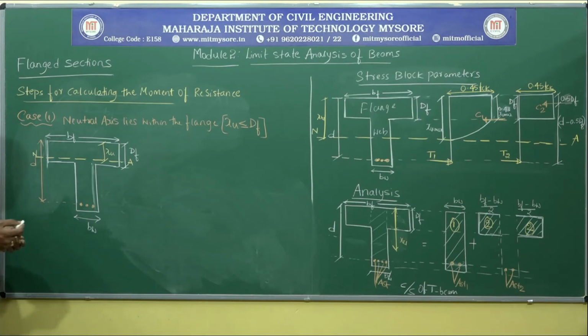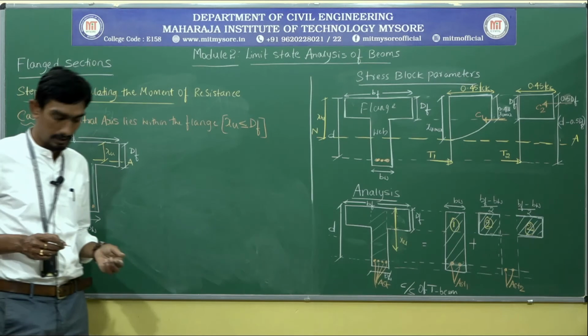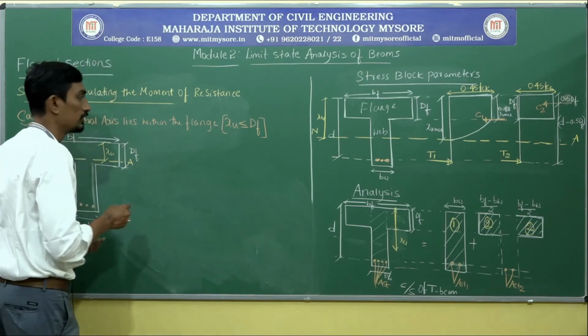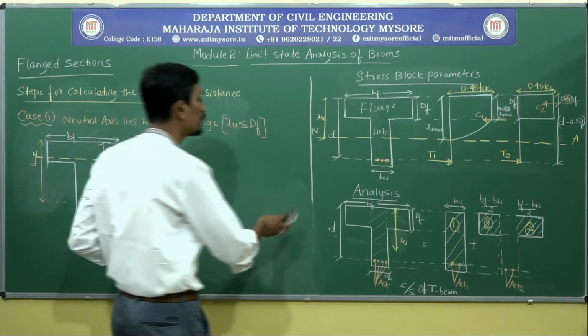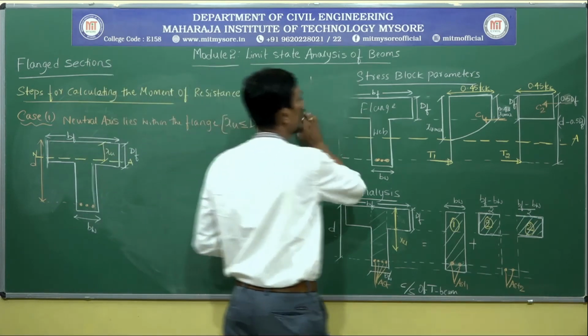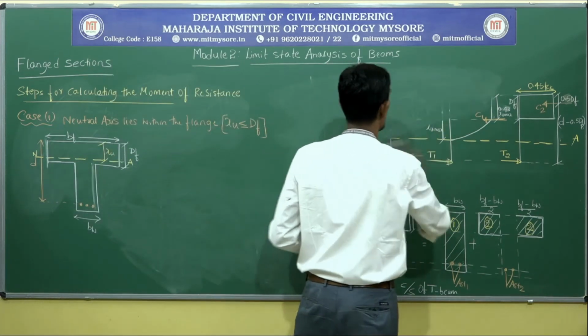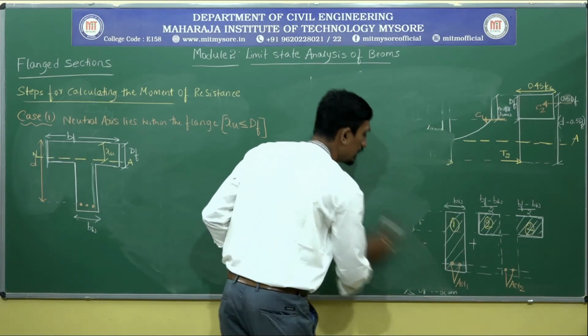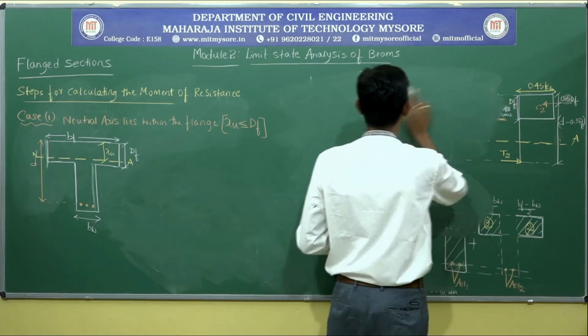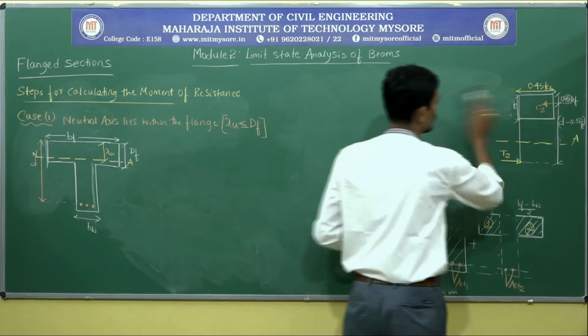So I will write down the thing. First, let me calculate the depth of neutral axis. First, we need to check whether the assumption which has been made, that is XU lesser than DF, holds good or not.